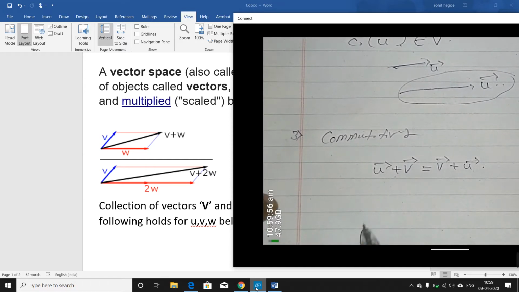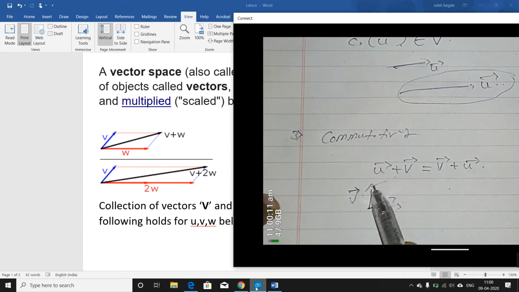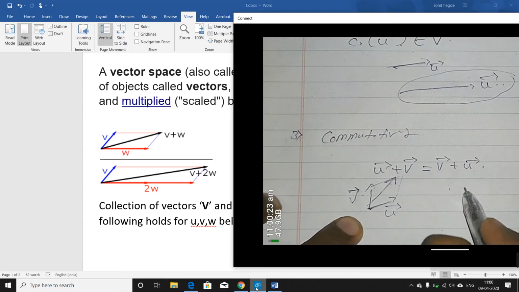It's like if we have a u vector and this is a v vector, then if we add these two vectors, I think you know the parallelogram vector addition, you will get the resultant vector like this. So instead of u vector plus v vector, now I will consider the v vector first, then the u vector.